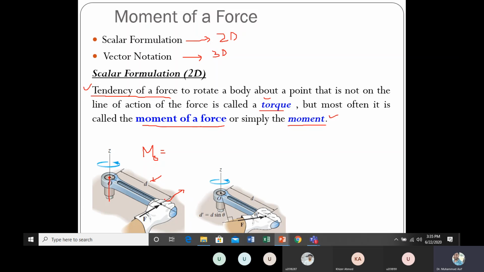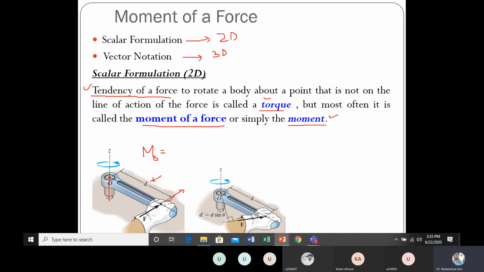Now you can see the force is no longer perpendicular with reference to the point of rotation, but the moment arm should be the perpendicular distance between the line of action of the force and the point. In this case it was already perpendicular, but now it is not, so we need a perpendicular distance here.